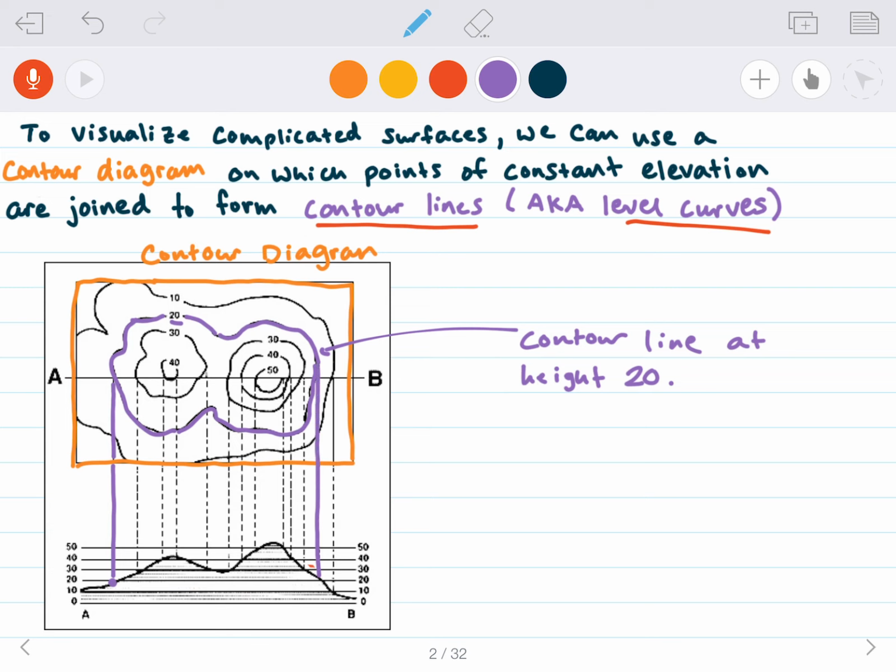So what this is saying is that these two points on opposite sides of the mountain are at the same exact elevation. We're going to use contour diagrams to project this into 3-space. We're going to take a 2D diagram and use it to visualize a 3D space.